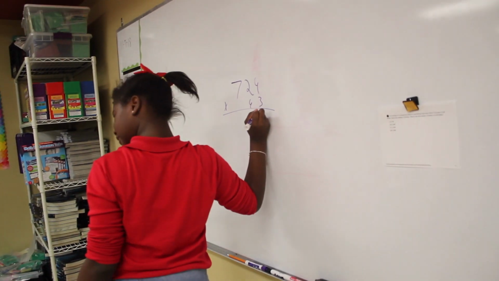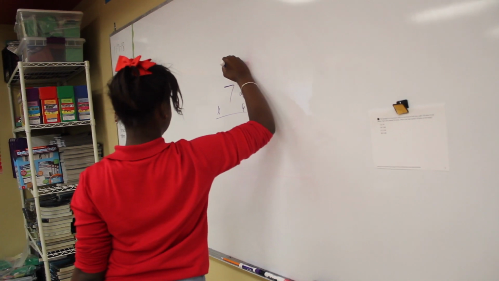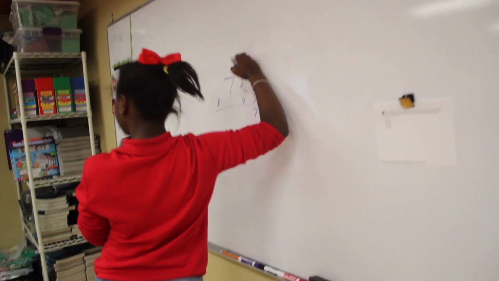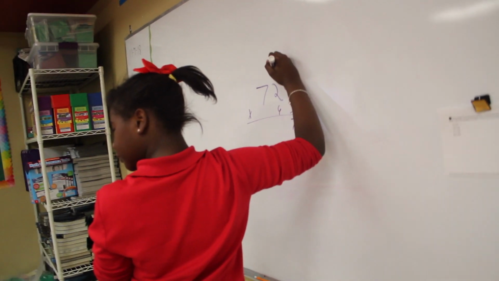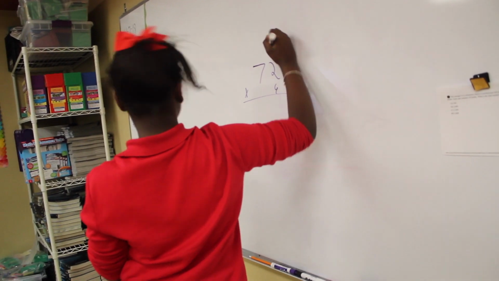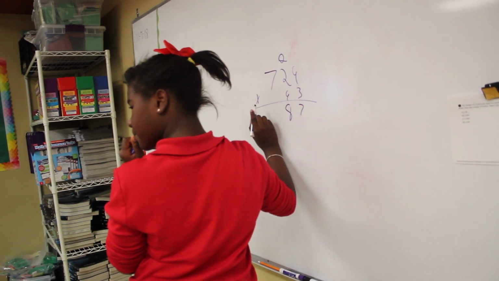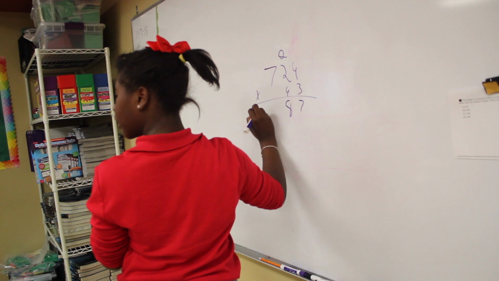You put your 7, carry your 2. 2 times 3 is 6. Add your 2, equals 8. 7 times 3 is 21. Do you carry? No.